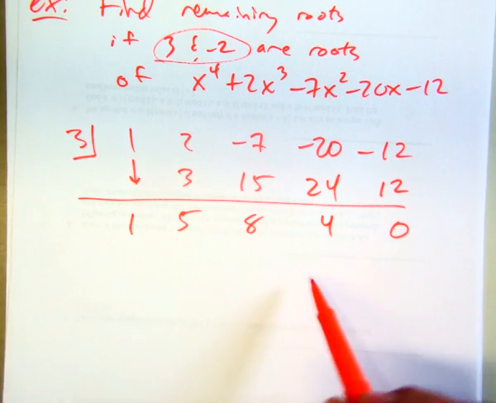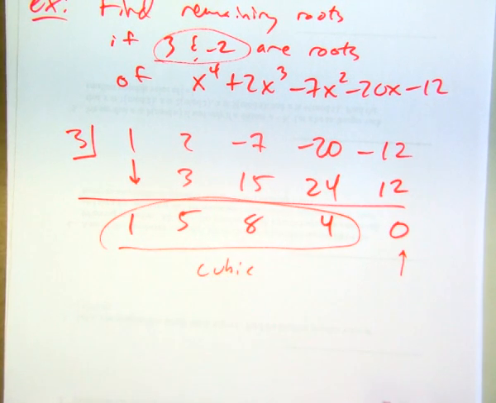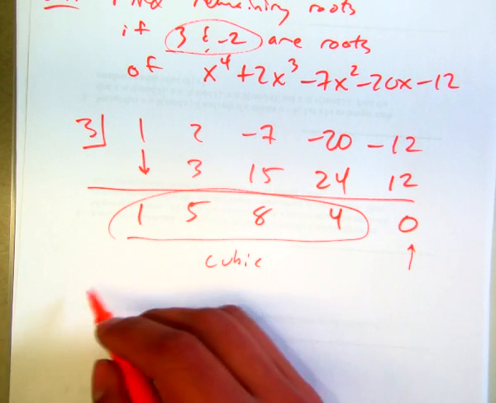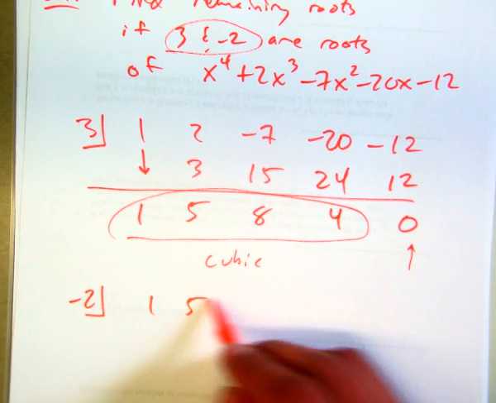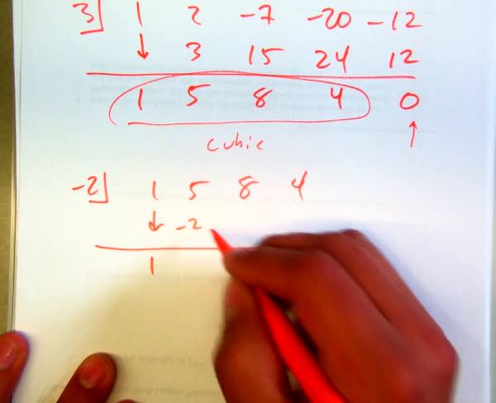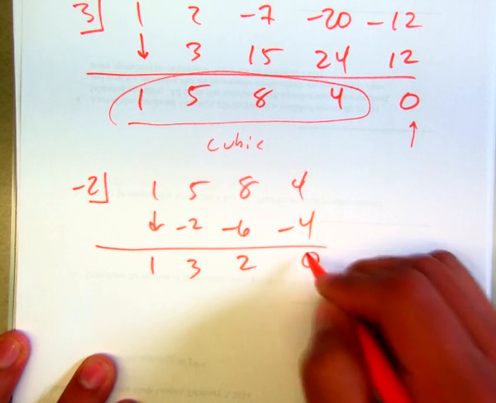Now, here's what I wanted to say. No remainder, right? This represents a cubic instead of a quartic now. What you can do to find the other two answers is use negative 2, take what numbers you got left, repeat the process, and now you're going to get what kind of equation is this?